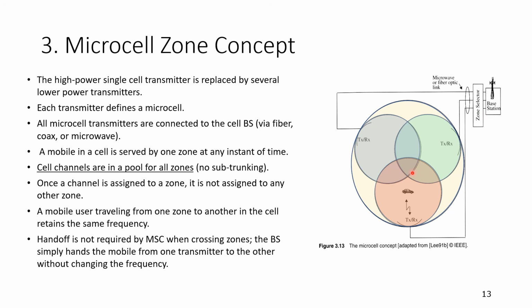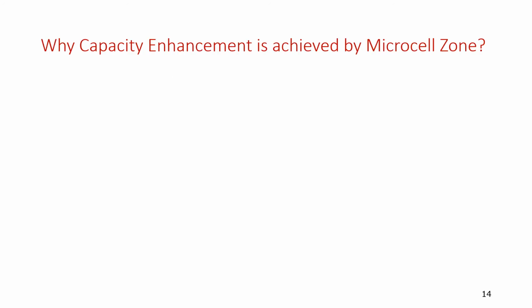So this is a solution that is a kind of trade-off, which maintains the advantage of sectoring, the advantage of dividing into cells, while retaining the channels, because there is no sub-trunking. Antennas are spaced, but they are all connected to the base station. Now we can ask the question, why is capacity enhancement achieved by the microcell zone?